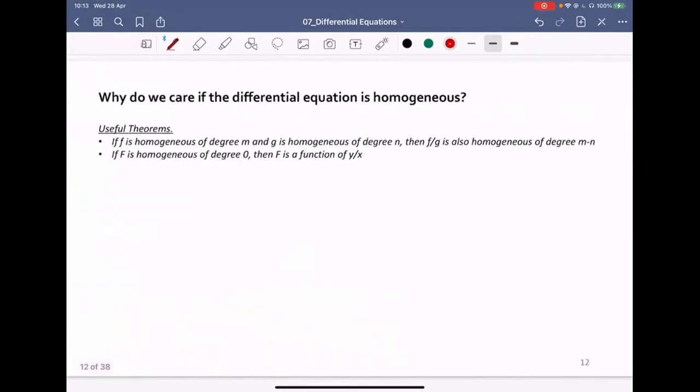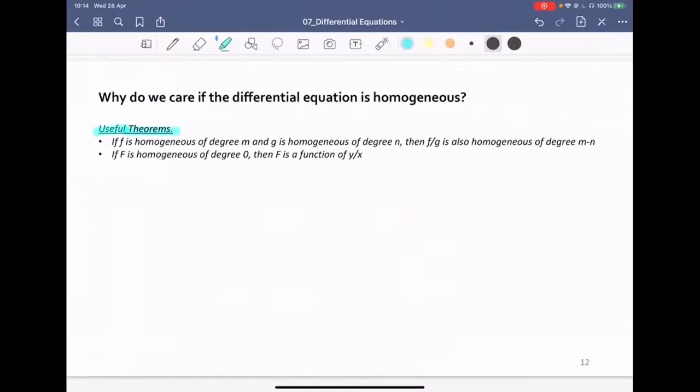Well, let's talk about the idea first. Here is the idea of how to solve a homogeneous differential equation. So you have two theorems here.